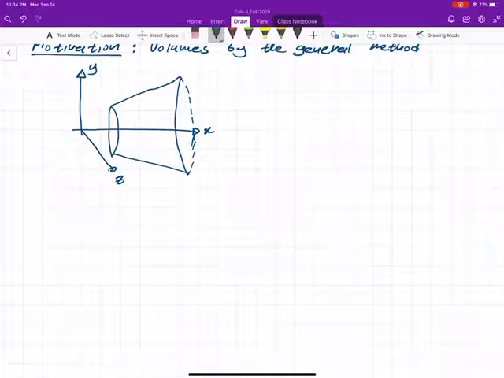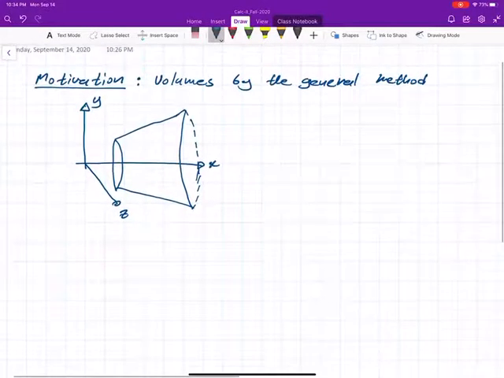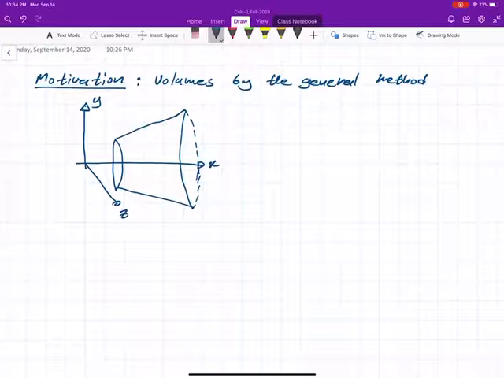All right, so this is the volume that I consider. You know how to compute this volume by using integration, and that we learned in a previous section.